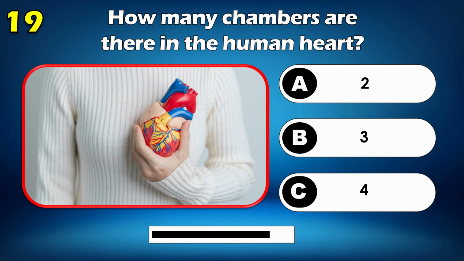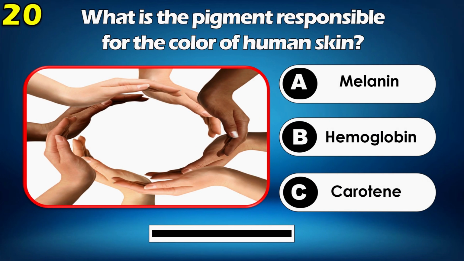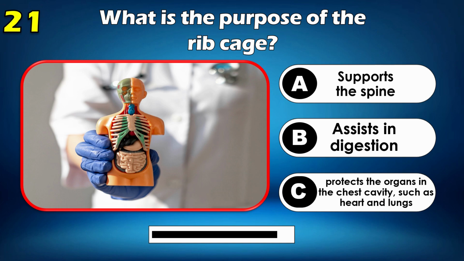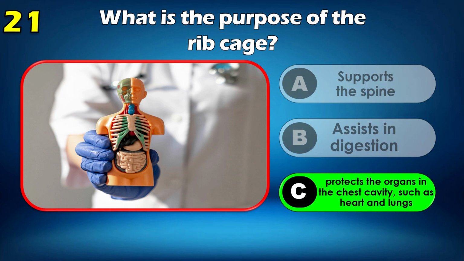How many chambers are there in the human heart? Four. What is the pigment responsible for the color of human skin? Melanin. What is the purpose of the rib cage? Protects the organs in the chest cavity, such as heart and lungs.